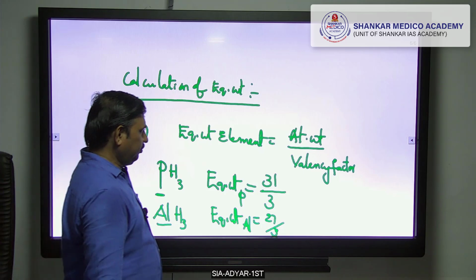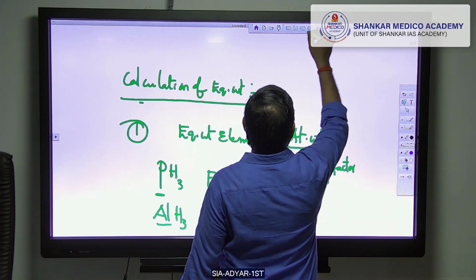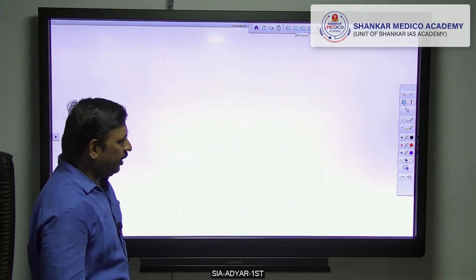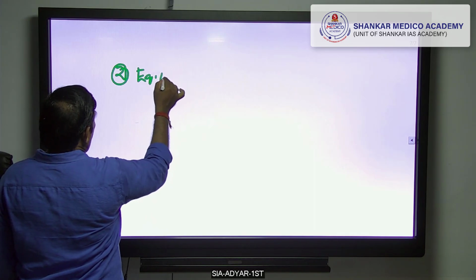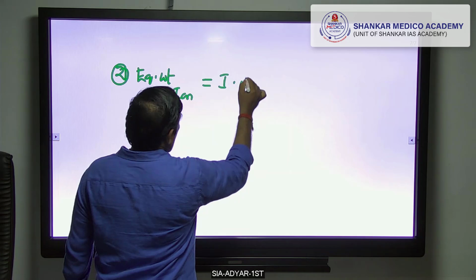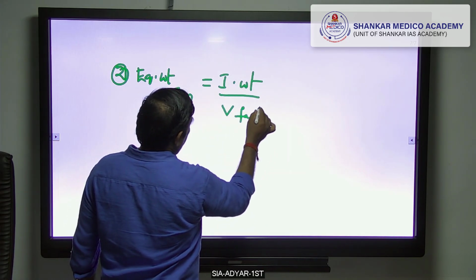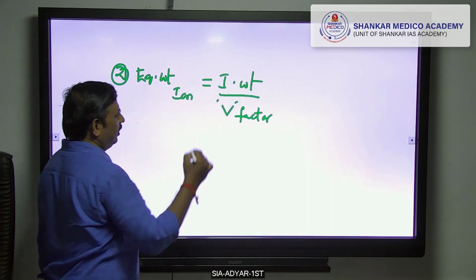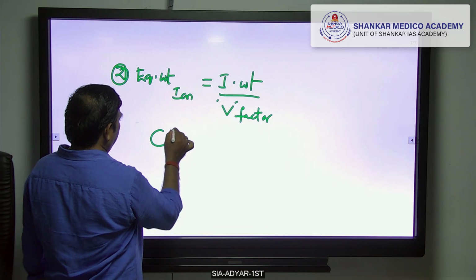Second, how to calculate the equivalent weight of ions. Formula: equivalent weight of an ion is equal to ionic weight upon valency factor. V factor means valency factor. Let us consider the carbonate ion.